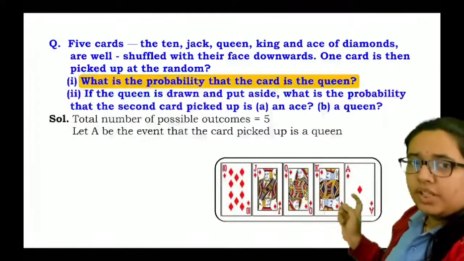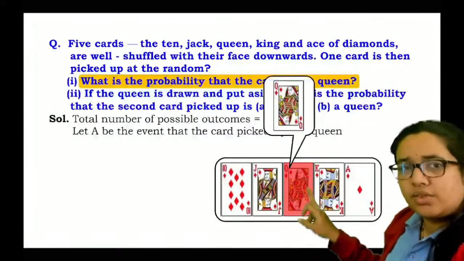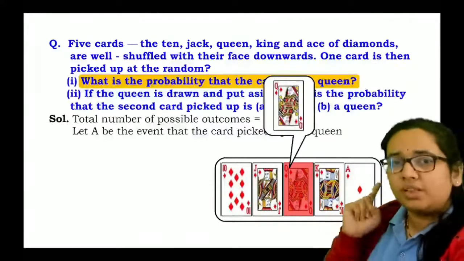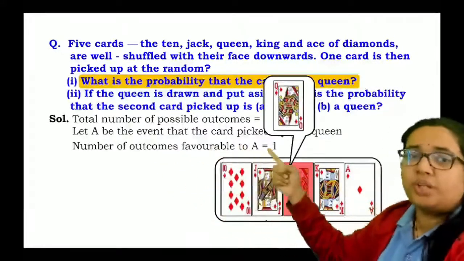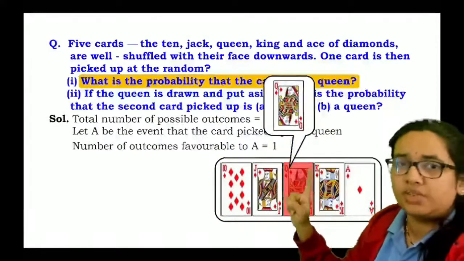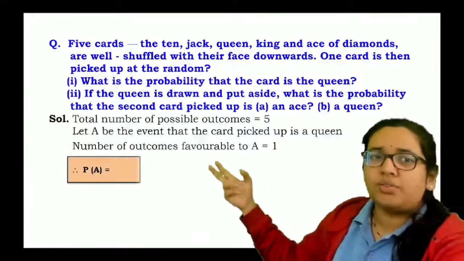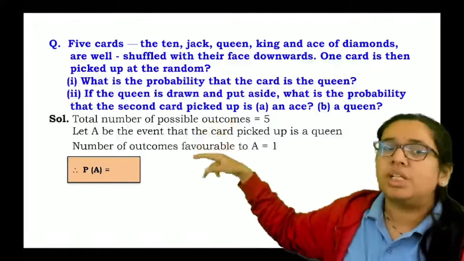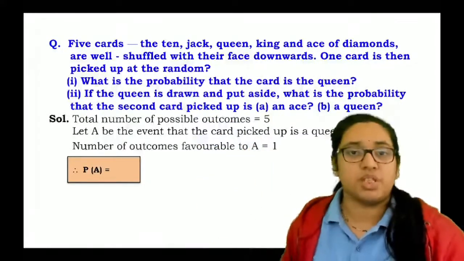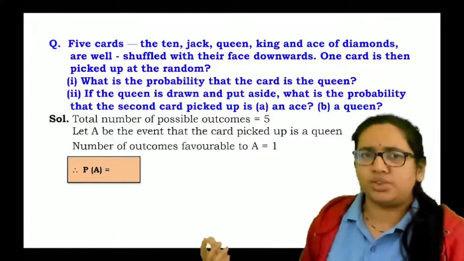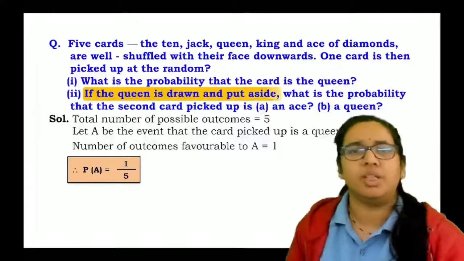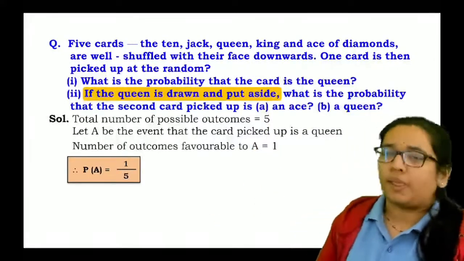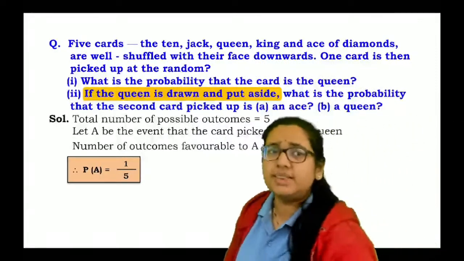We have these five cards, but we are considering this one, so there will be only one possible outcome here, right? So the number of outcomes favorable to A will be one. So now you have the total number of outcomes and the number of outcomes favorable to our event. So just go through it: 1 upon 5 will be the answer. Okay, it is the easy one.